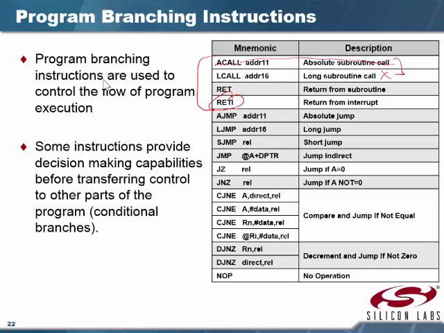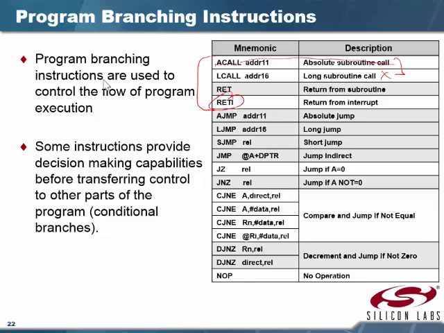Then we've got our jump where we do the indirect. This indirect is the address plus a data pointer. You probably won't write anything like that if you're doing it in assembly language. Then there's the jump zero and jump not zero, which are basic instructions where we look at whether A is equal to 0.